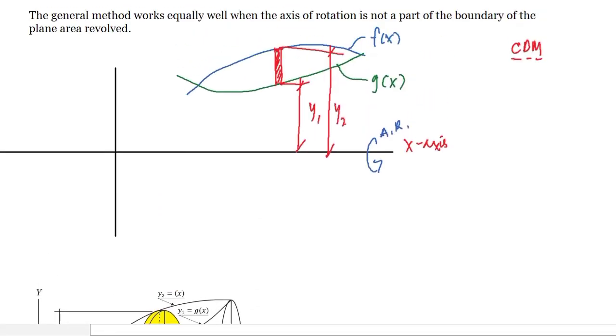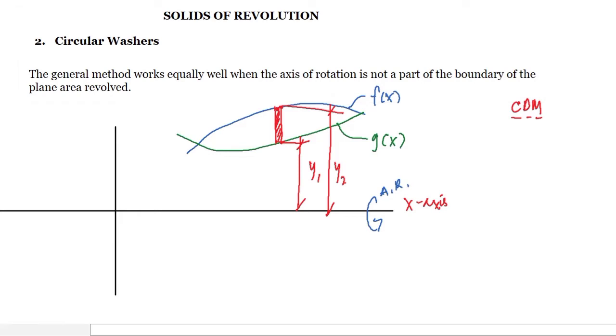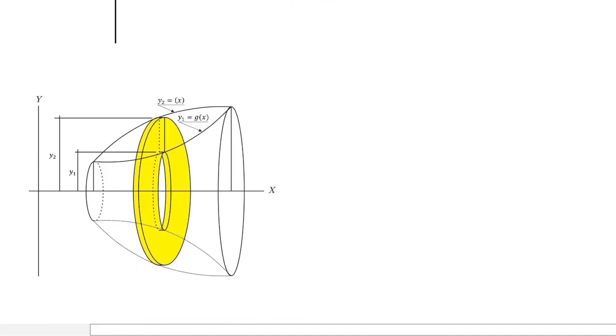Now, kung babalikan natin yung idea, itong rectangle na to ay yung pinaikot natin dito sa x-axis natin. This is the thickness of dx. So kapag ito ay pinaikot natin, mabubuo natin itong figure na to, ito yung kulay dilaw, no? Yan yung circular ring natin or washer.